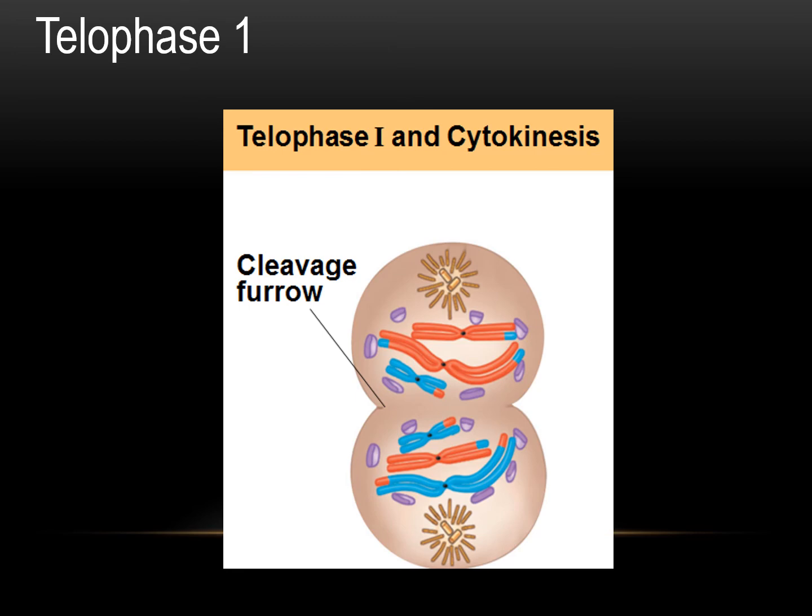We then move into the next phase, which is called telophase 1. And during the process of telophase, we notice that your nuclear membrane starts to reappear, as we can see by these purple fragments reappearing.